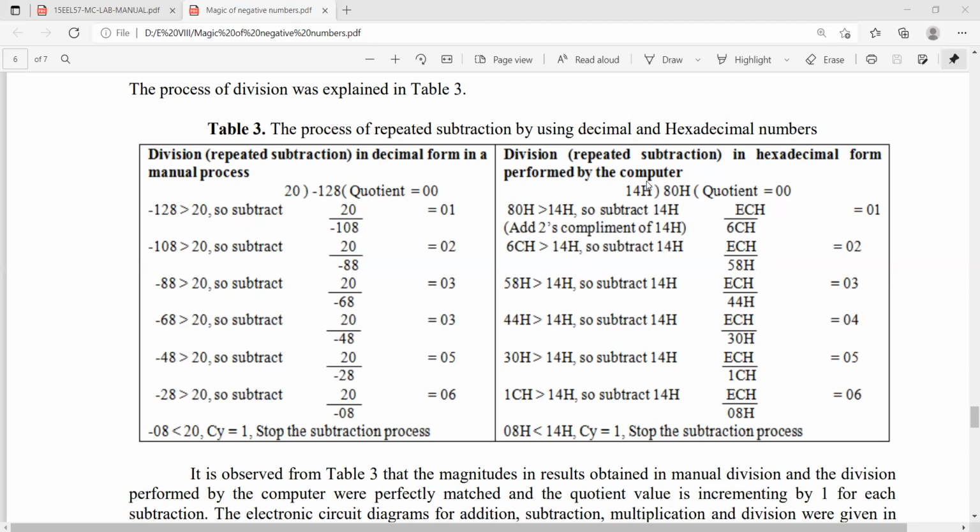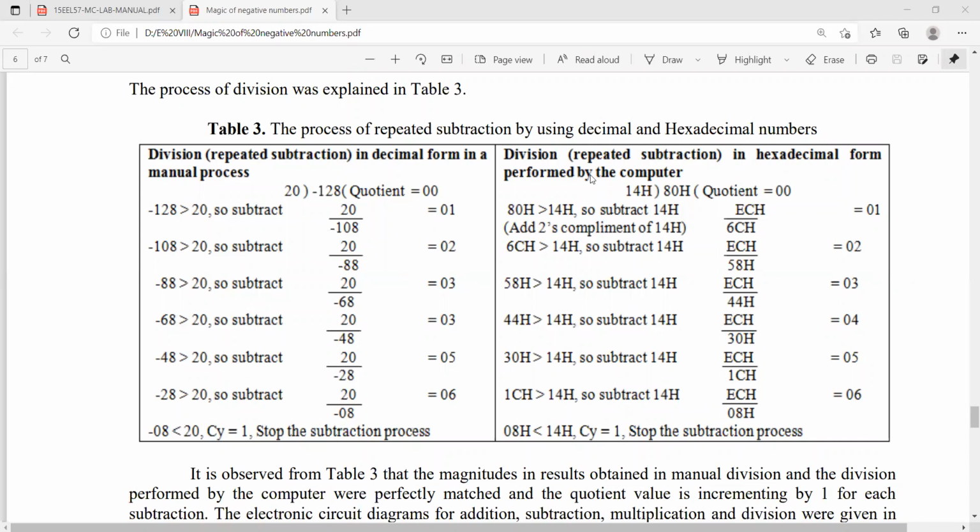Less means carry is set to 1. Stop the subtraction process. This process you can continue for 6 times, and finally the remainder is 08. That 08 is smaller than this 14. Therefore your carry is set to 1. In this way you can analyze the concept of the negative numbers.